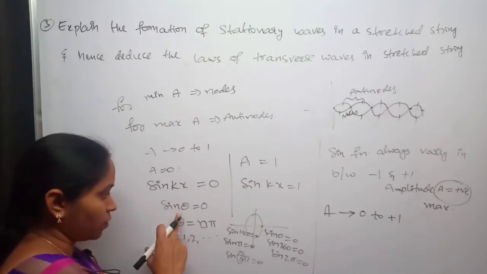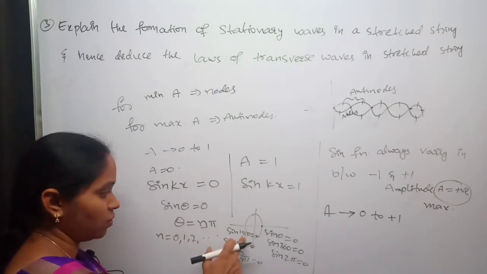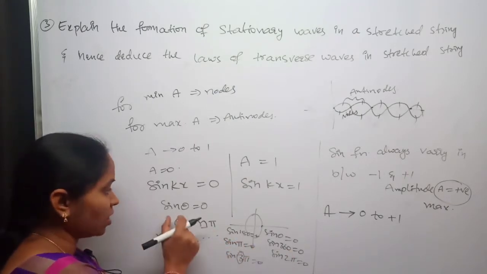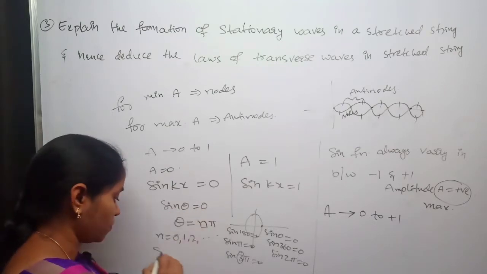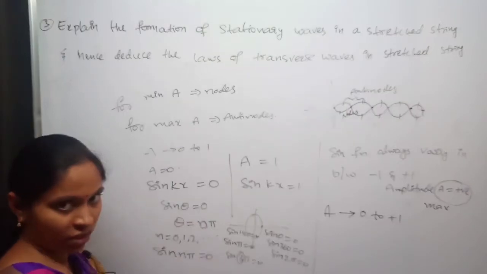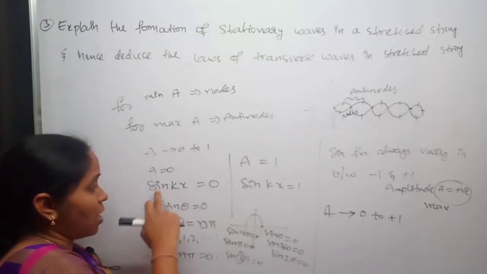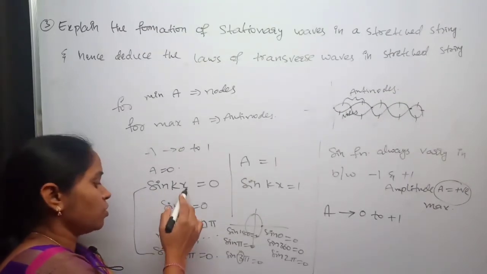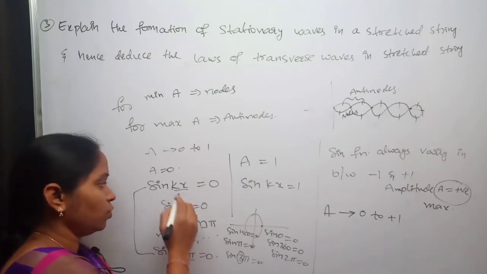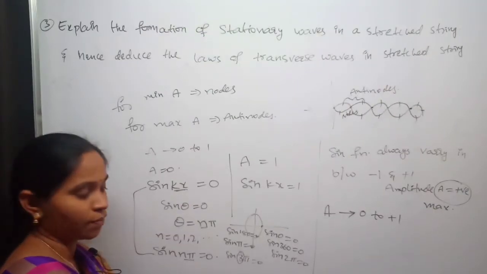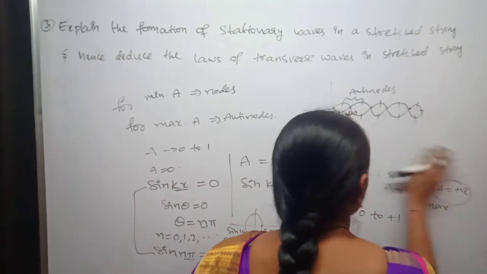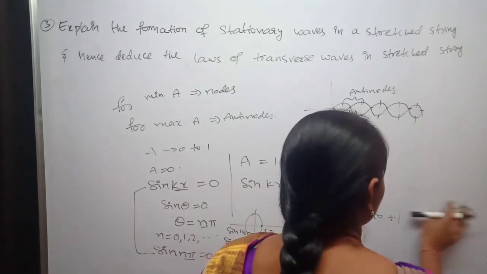If this theta is equal to n pi, then sin n pi will be equal to 0. Right? So from these two equations, in place of n pi you are having kx. Therefore this kx is equal to n pi.